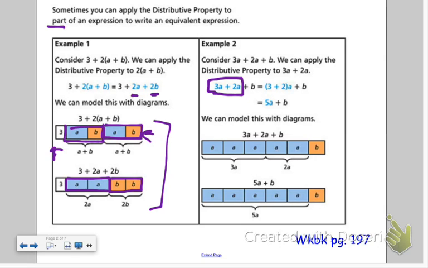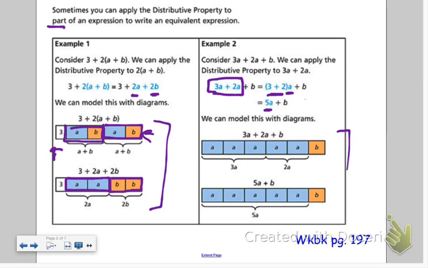So pulling out the common factor allows us to put parentheses in. So now my common factor goes outside the parentheses, and inside the parentheses are the 3 plus the 2. Which you can even simplify even further to be 5A plus B, because 3 plus 2 is 5 and 5 times A is 5A.